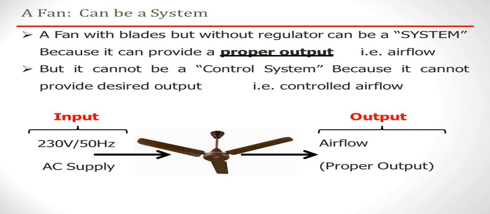See, a fan with blades but without a regulator can be a system because it can provide an output, that is flow of air, but it cannot be a control system because it cannot provide the desired output, that is controlled airflow. Since here the regulator is absent, we cannot control the flow of the air.